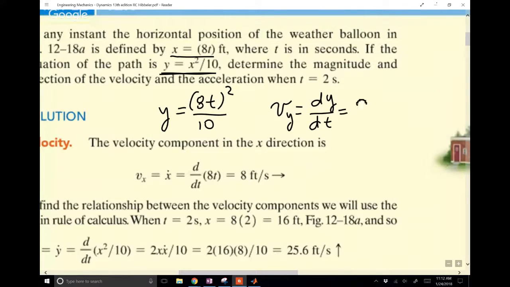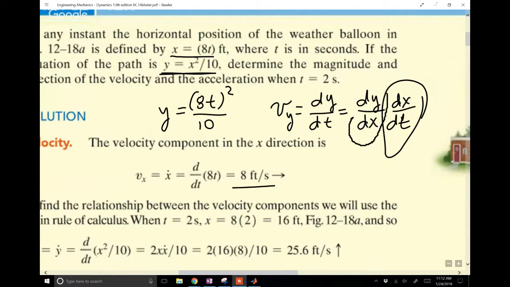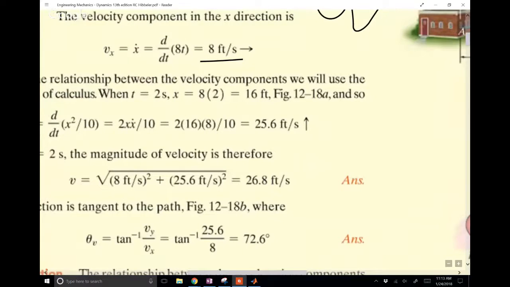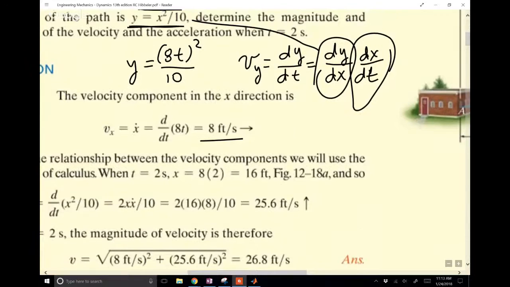But he could just as easily do this, dy/dt. You've already got this form from right here, and now you're just taking the derivative of y with respect to x, which is pretty easy to do. I think it's just 2x, so it'll depend on where you're at. 2x over 10.